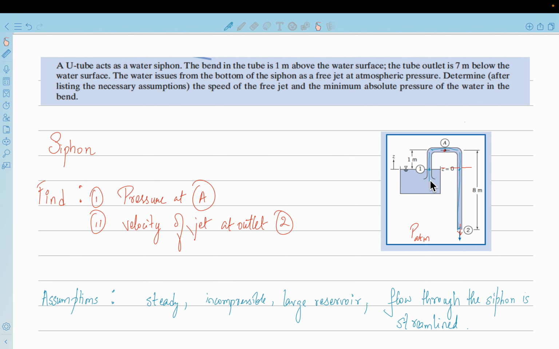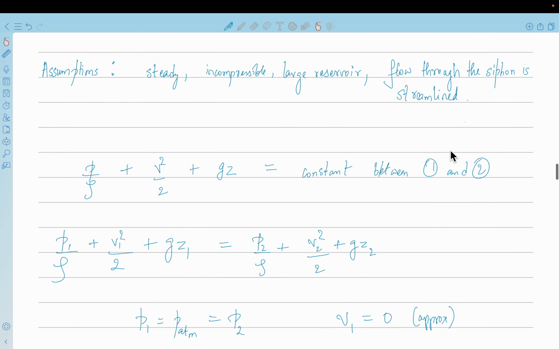Because well within the reservoir, there may be some velocity change, but this surface is moving with negligible velocity because of the large reservoir. So this surface has 0 velocity, but throughout this entire siphon there is some non-zero velocity, and because the area of the siphon is not changing, the velocity must be the same.